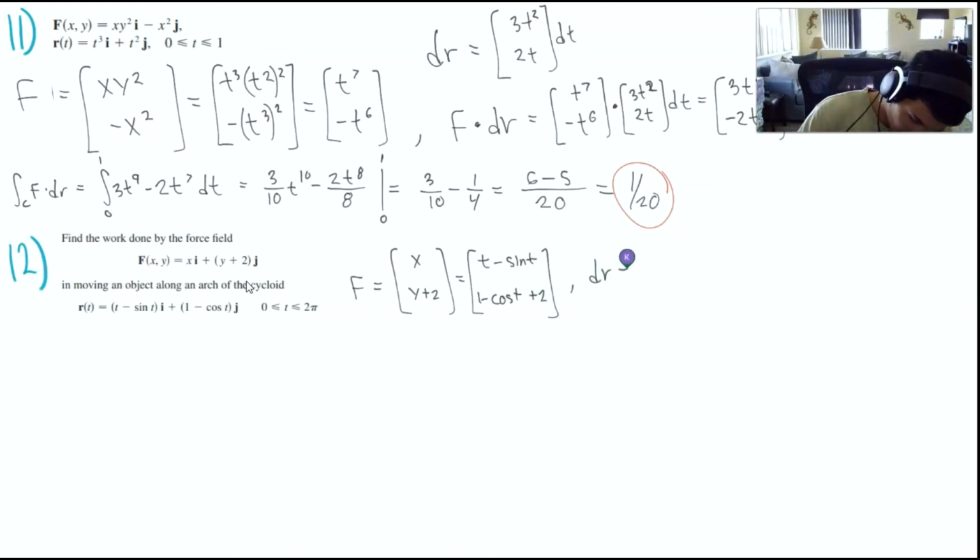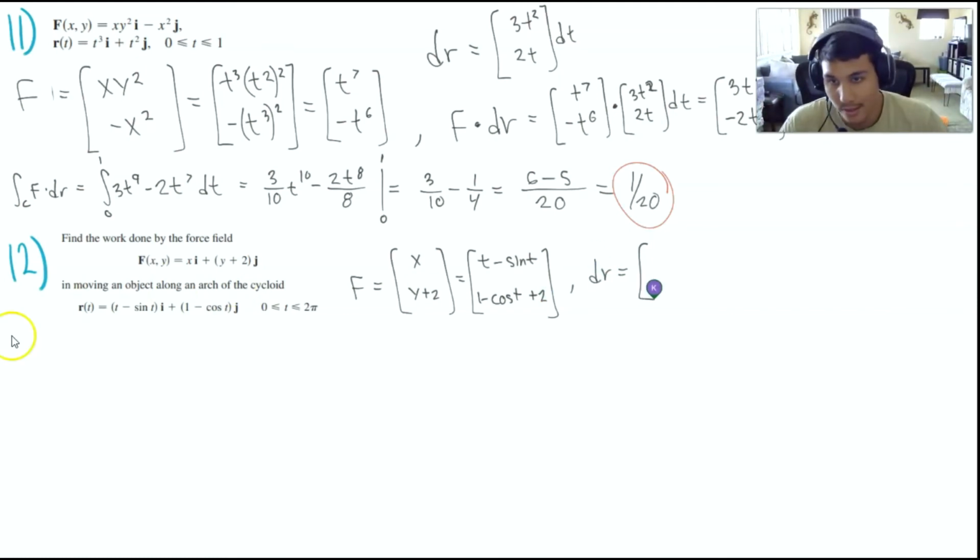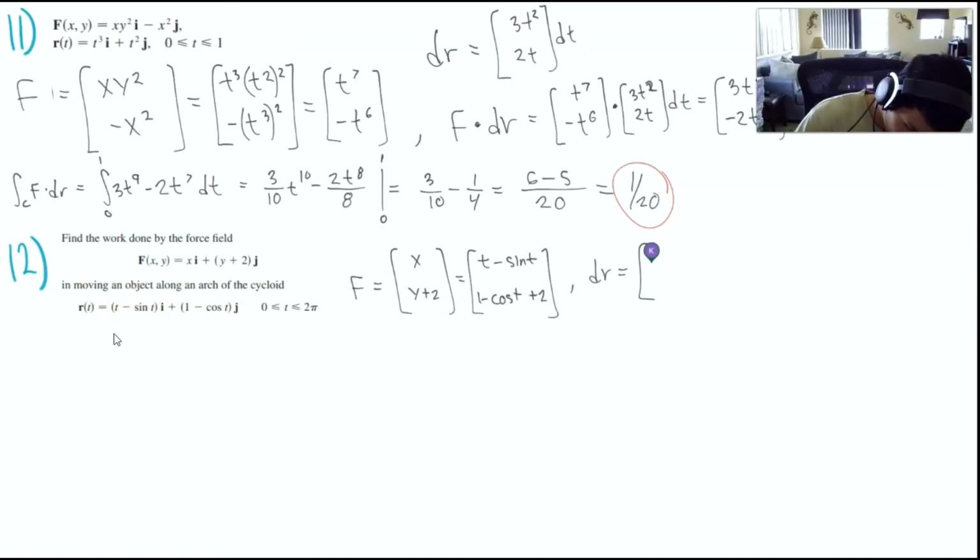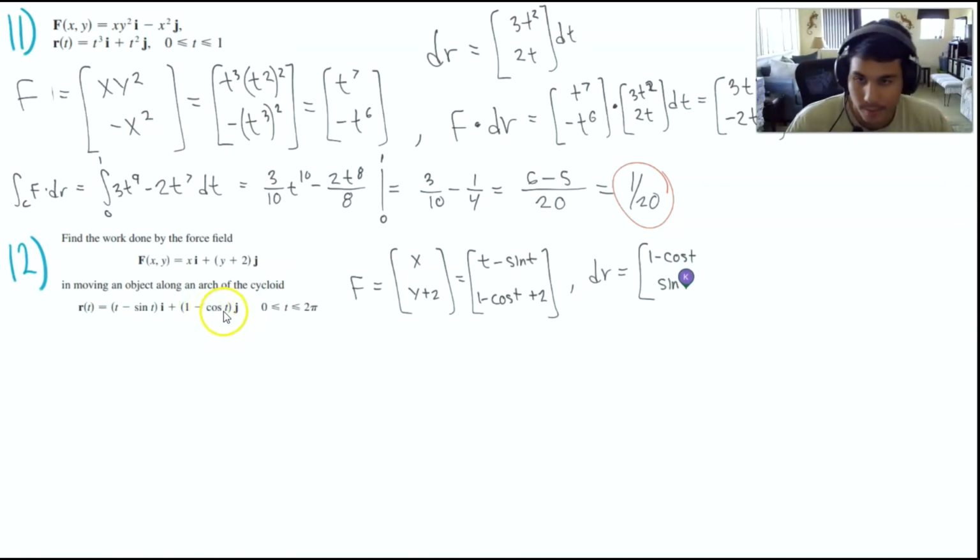Well, dr is the derivative of this thing and this thing with respect to t. That would be 1 minus cosine t, and this will be, no, not minus, it will be just sine t, right? The derivative of negative cosine t is just sine t. And put your differential dt there.